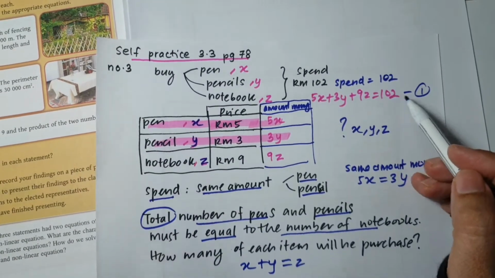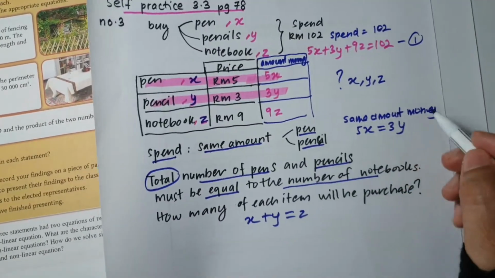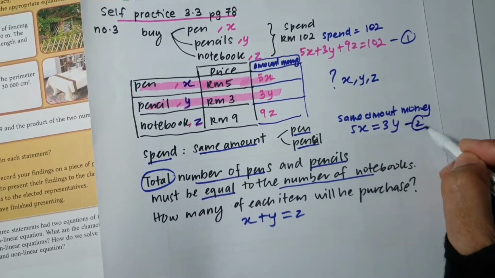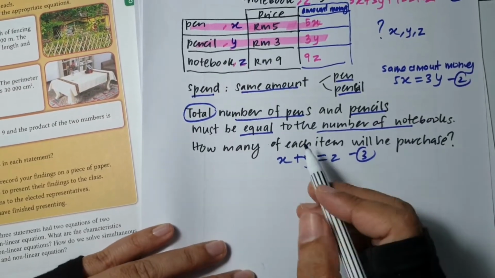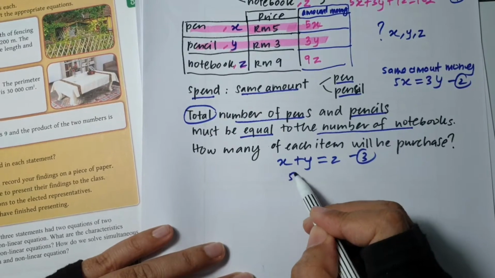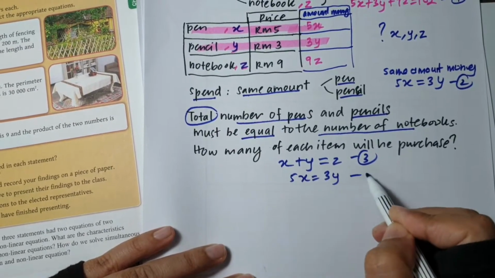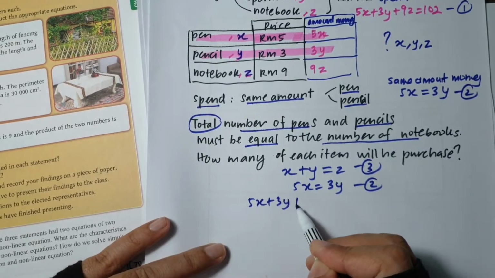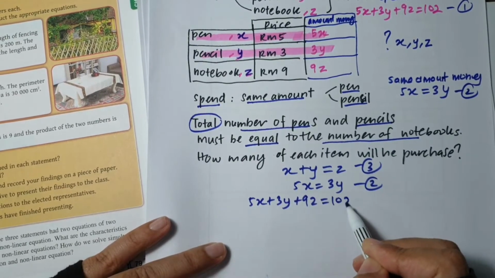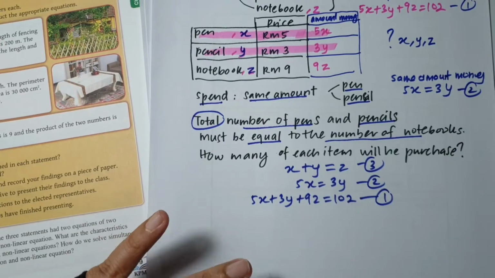This is the first one, this is the second one, and this is the third one. So I write it. The second one is 5x equals 3y, and the first equation is 5x plus 3y plus 9z equals 102.